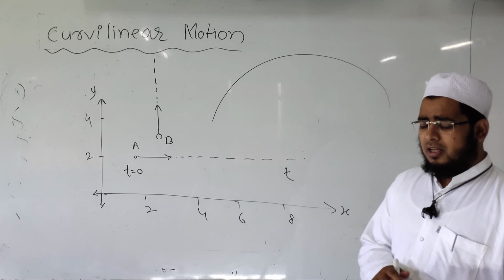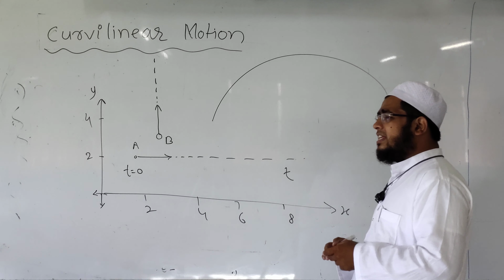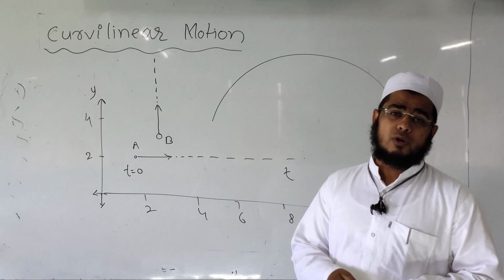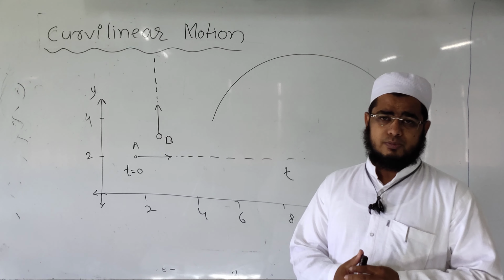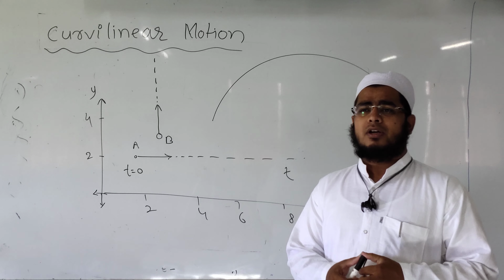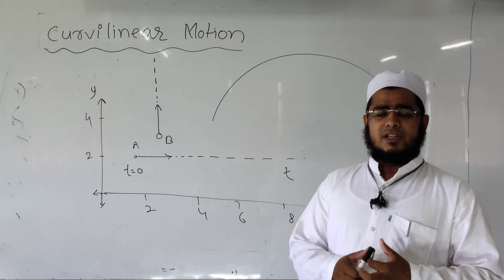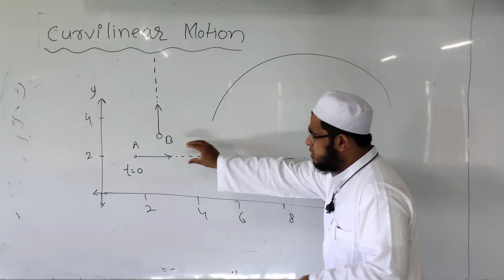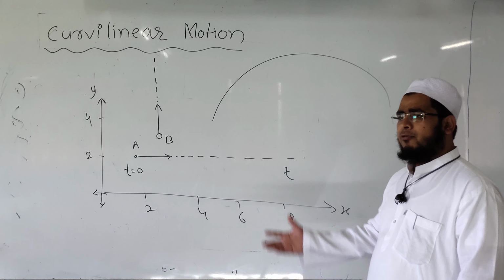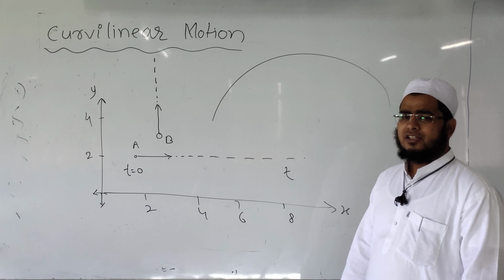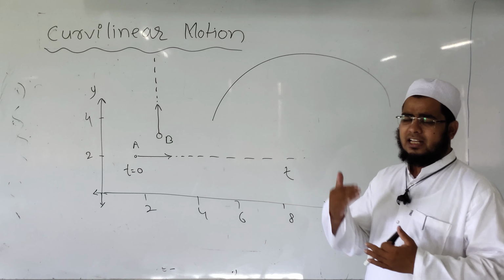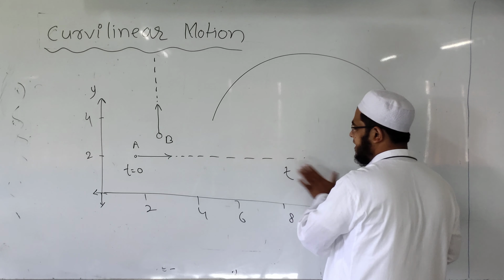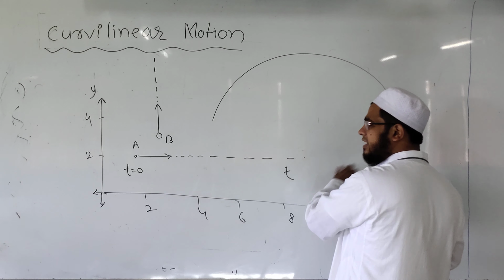And we know that the change in position for a particular time is displacement. The rate of change of displacement is velocity. So when the displacement is in a single direction, the velocity is also acting in a single direction. Velocity is directly interrelated with displacement. Displacement is in the x direction, that's why velocity is in the x direction.